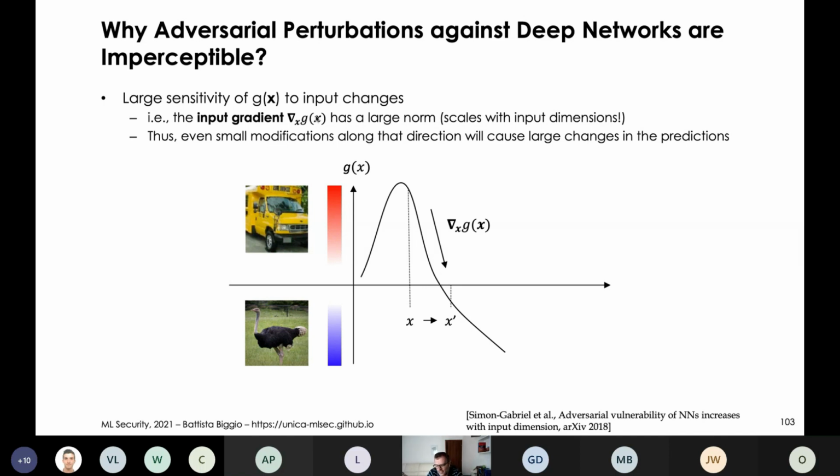And this is mostly the reason, I think, why the noise becomes imperceptible. It's because you have so many pixels that you can actually perturb every pixel by a small amount to achieve a misclassification.